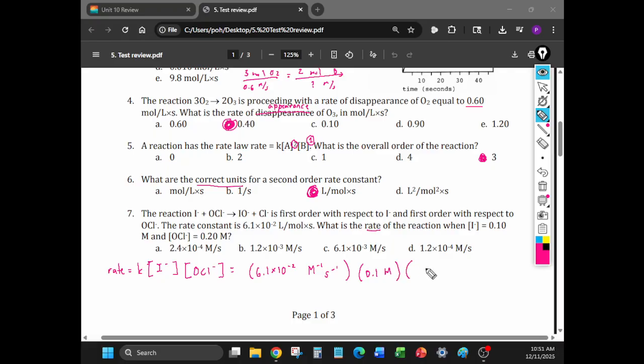The concentration for OCl minus is 0.2 molarity. And so you just need to multiply all three of them together. Okay, any questions with the setup? Okay. All right, so you do your math, just get B. The units of measurement work out as well because this cancels out with this. You get molarity per second.